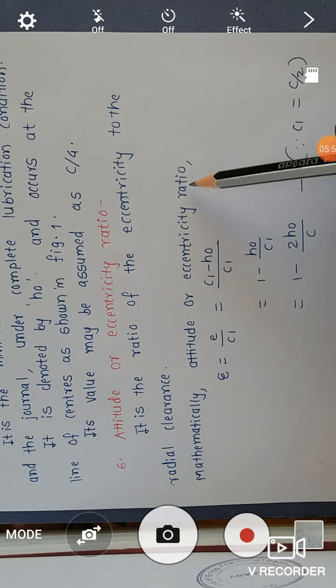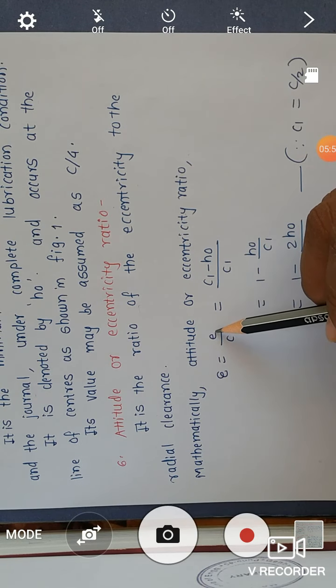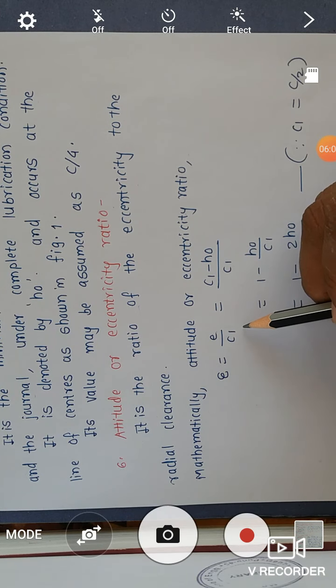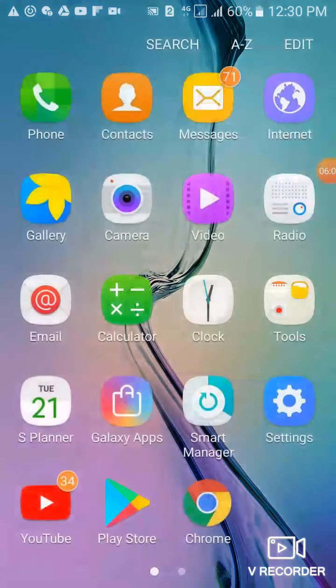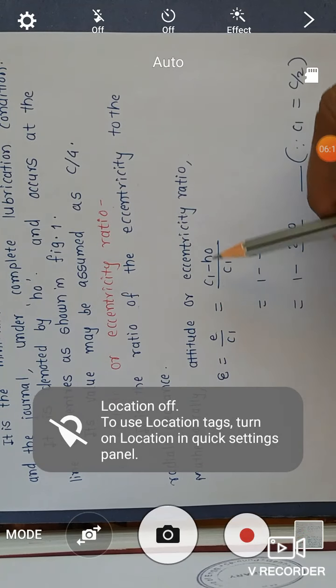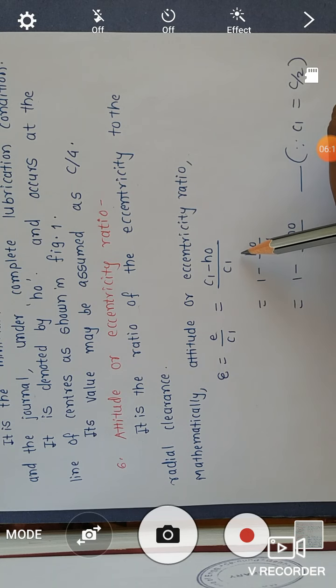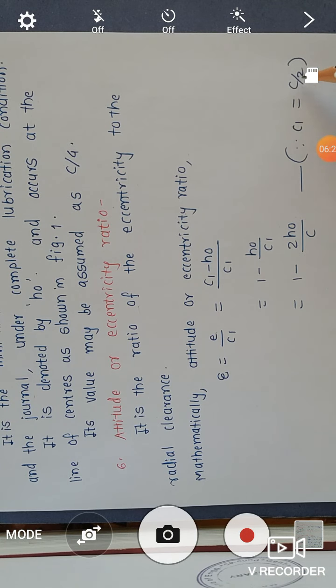Mathematically, the attitude or eccentricity ratio is equal to e divided by C1, which is equal to (C1 minus h0) divided by C1, which is equal to 1 minus h0 divided by C1, which is equal to 1 minus 2 h0 upon C, because we know that C1 is equal to C upon 2.